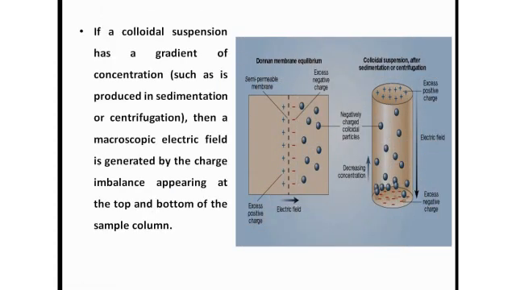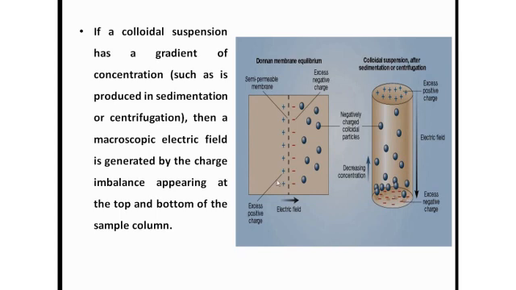If the colloidal suspension has a gradient of concentration and is allowed to fall under the influence of an external field, then definitely it will create two poles. Excess positive charge will be here and excess negative charge will be here.